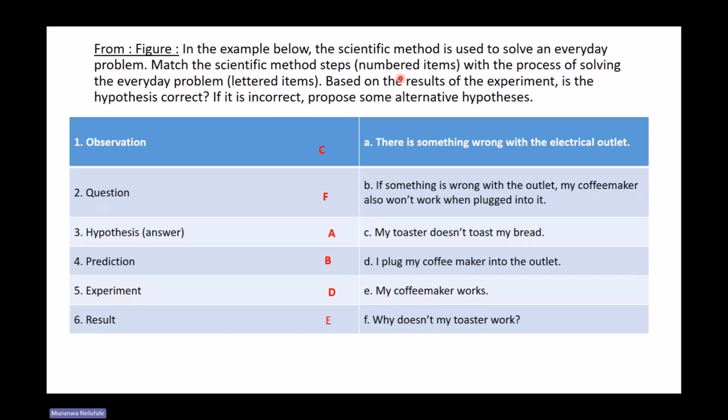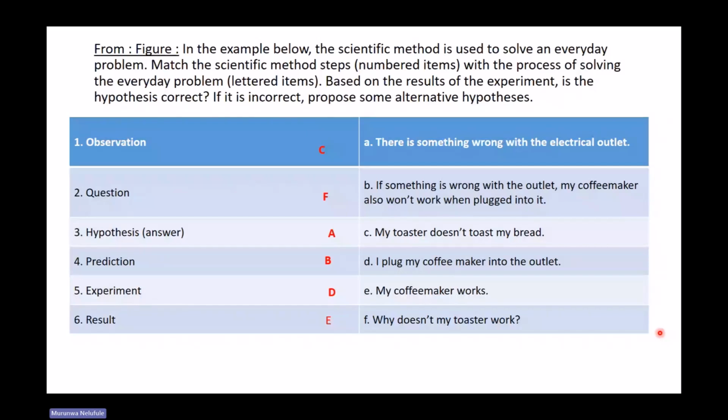All right. Does somebody want to assist here on the second part of the question? Because the hypothesis says there is something wrong with the electrical outlet. Okay, so the hypothesis is incorrect. So an alternative hypothesis would be there is something wrong with the toaster.